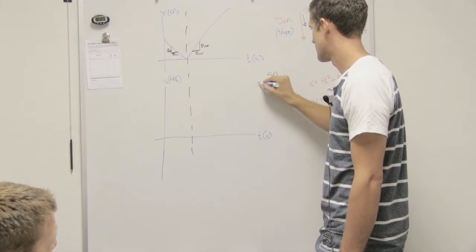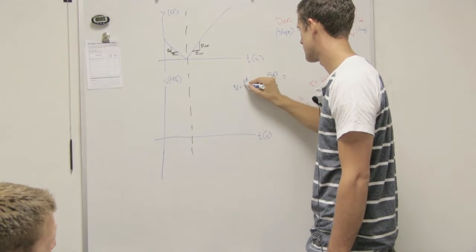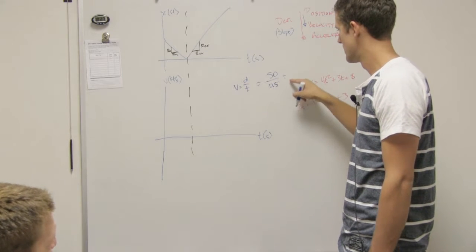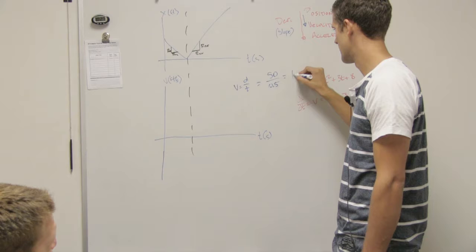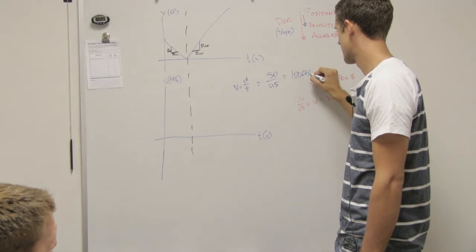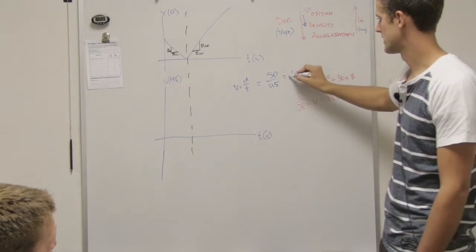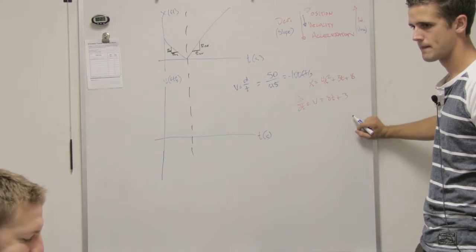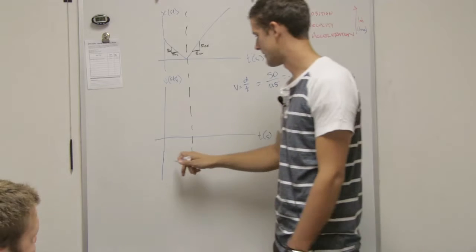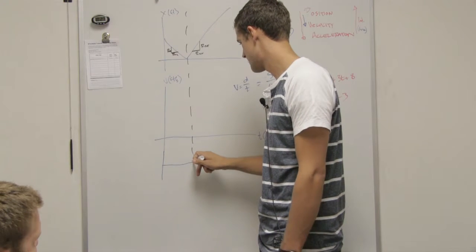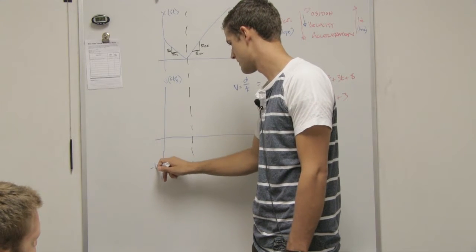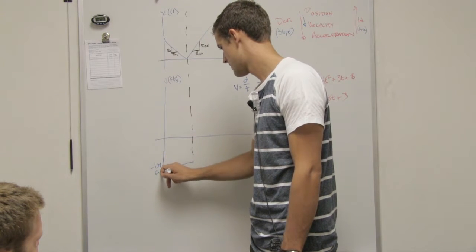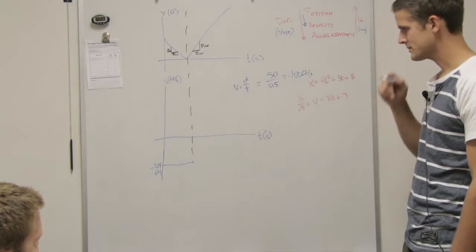So velocity equals distance over time equals 50 over 0.5 equals 100 feet per second. It's actually negative 100. Okay. So up until this point, it'd be negative 100 feet per second.